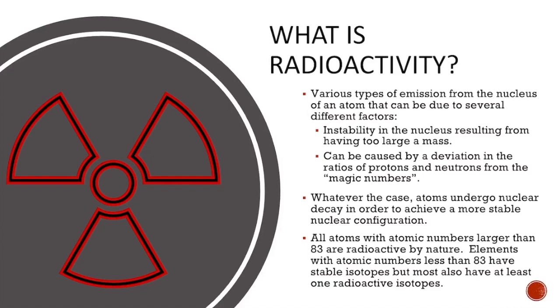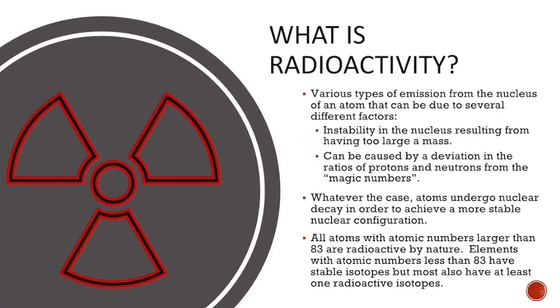There are configurations for the nucleus where we have a ratio of protons and neutrons that are stable, and we have unstable ratios. Whatever the case though, atoms undergo nuclear decay in order to achieve a more stable nuclear configuration. They just want to be stable.